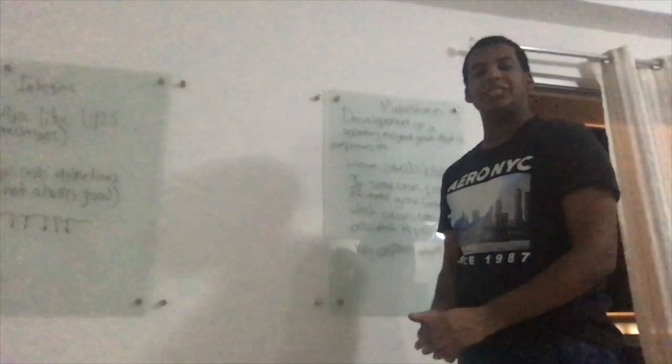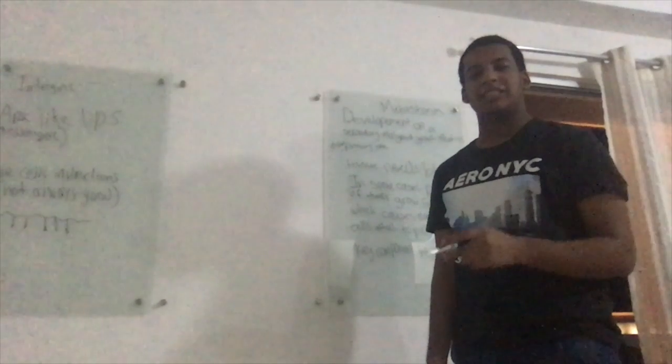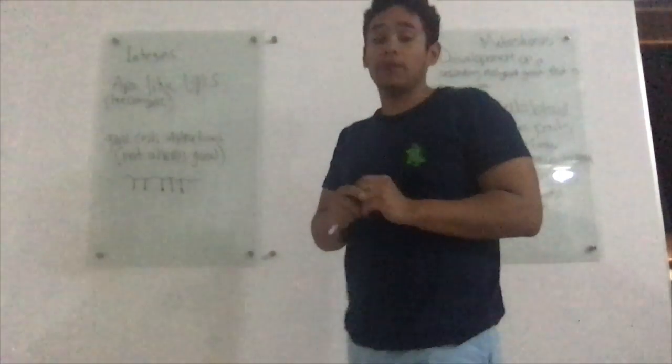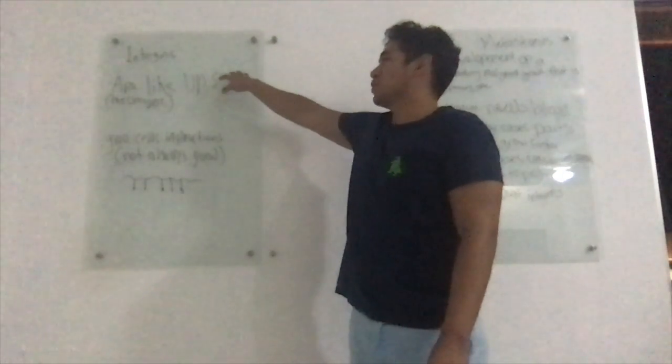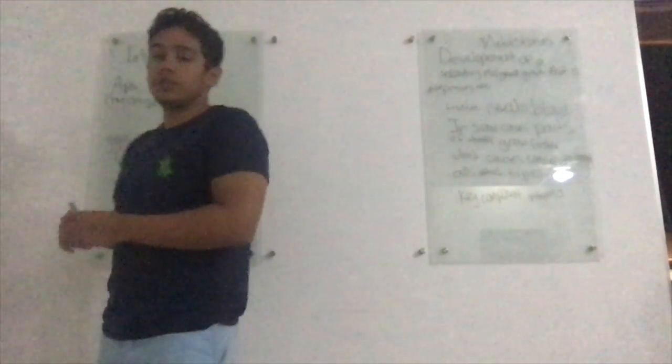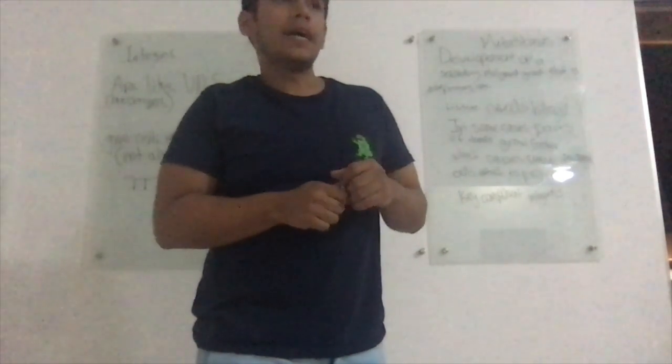For the overview of metastasis, we're going to go back to Jamie, who is going to talk about the process and how everything occurs. The process of metastasis starts with antigens. I would say antigens are like UPS.